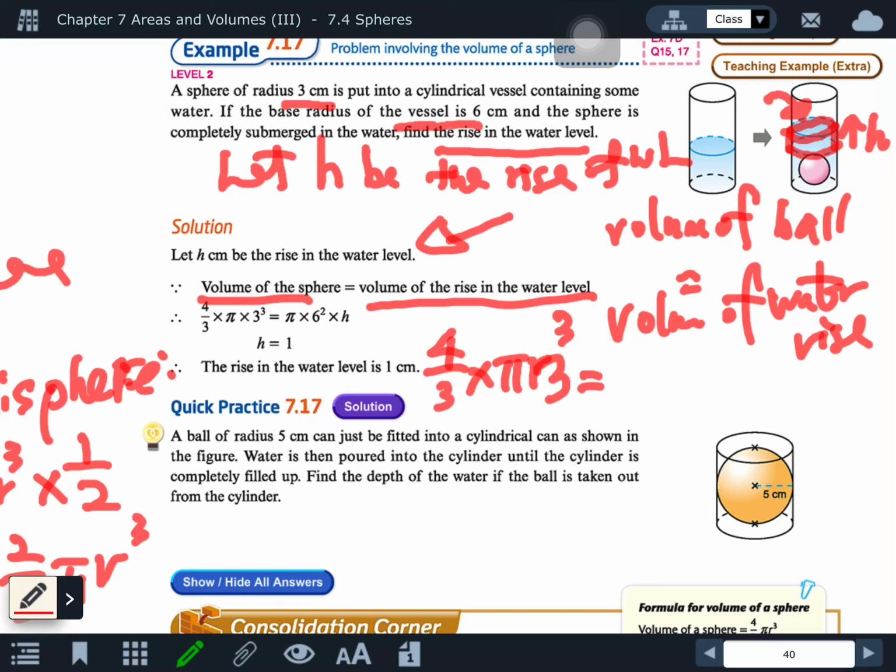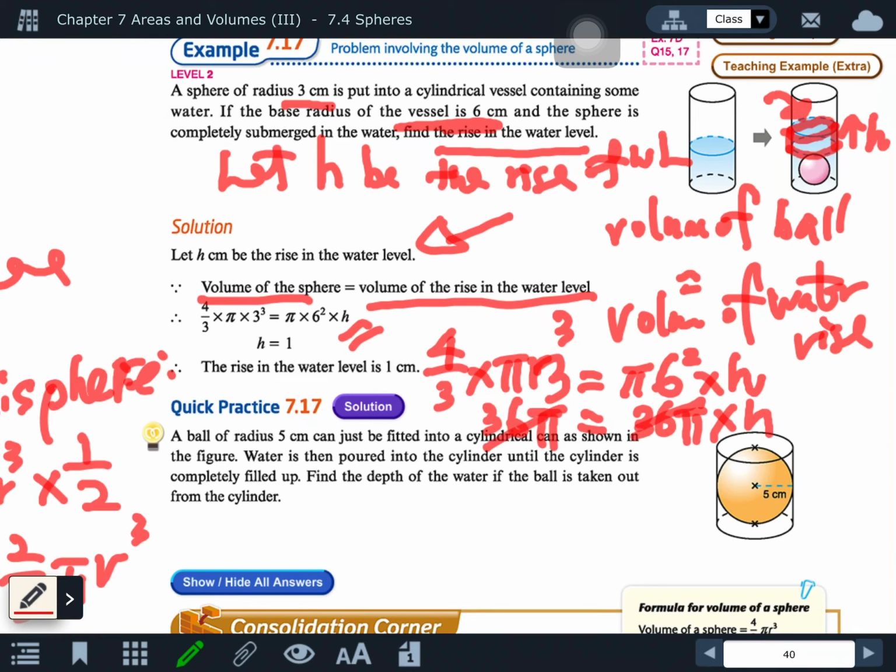The base radius is 6, so this should be pi r squared with 6, times the height we don't know, we call it h. So we set up an equation like this. After calculating with the calculator, this is 36 pi on the left hand side, and the right hand side should be 36 pi times h. Therefore, if we cancel the same thing on both sides, h equals 1. So the rise of the water level is 1.